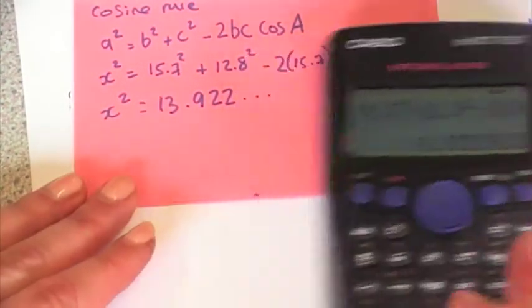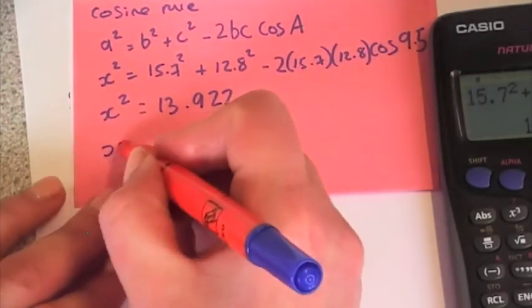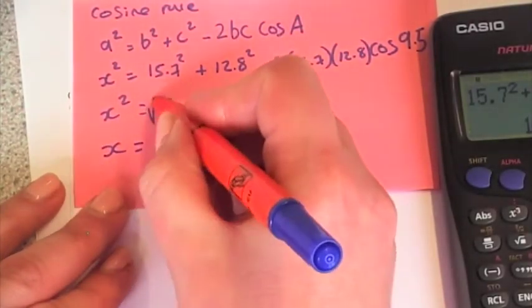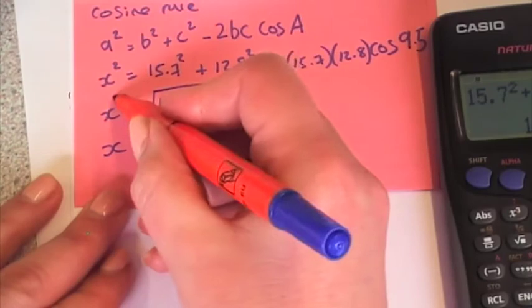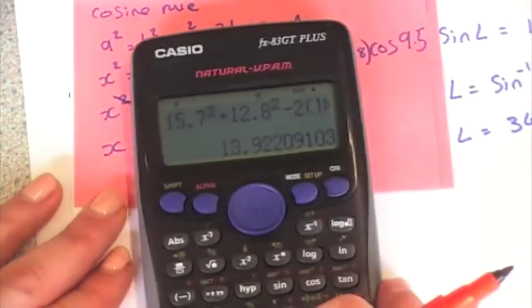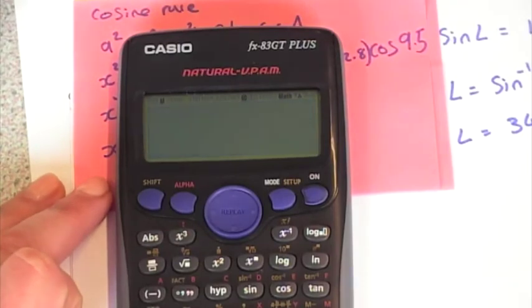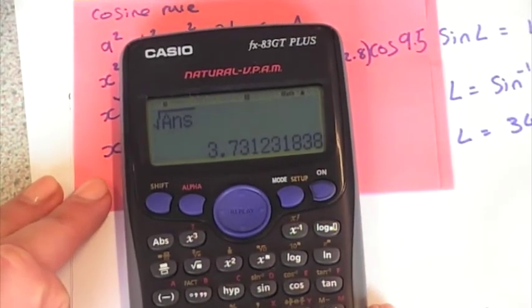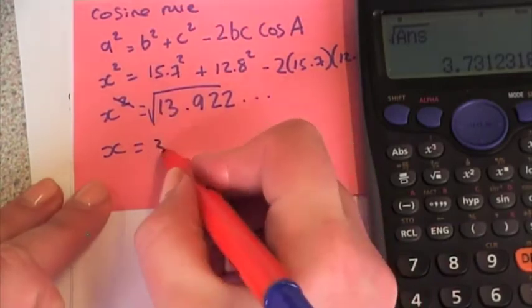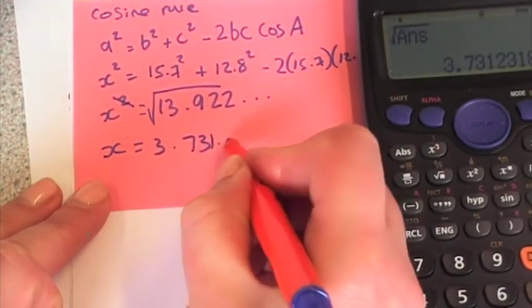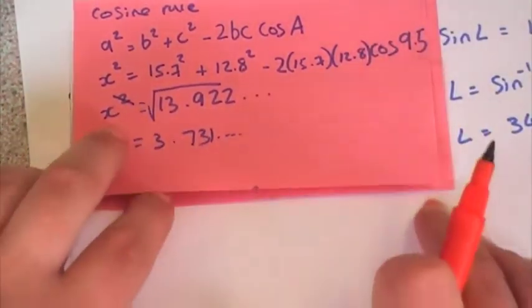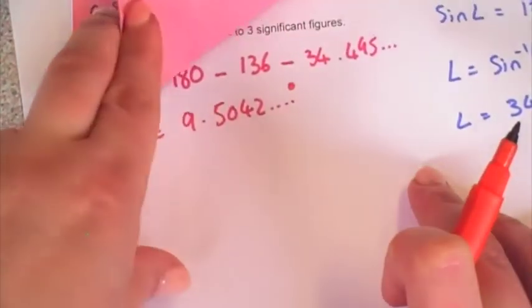I'm not deleting it because I don't want x squared. I want to know what x is, so I need to root that answer to get rid of the squared. So I'm going to press root answer equals 3.731, and that goes on, and I wanted it to 3 significant figures.